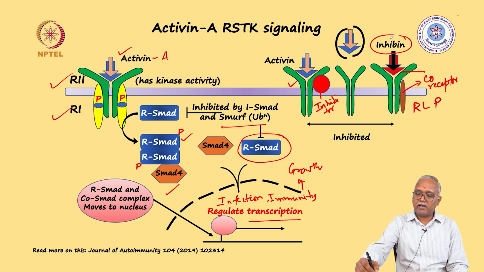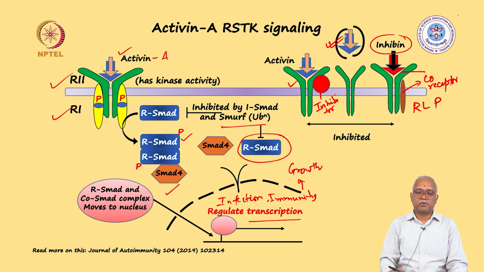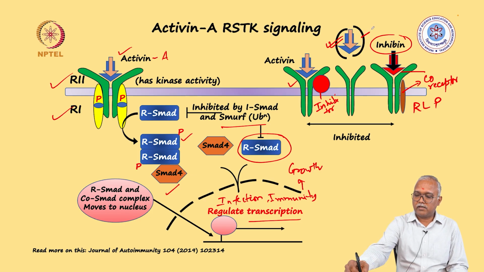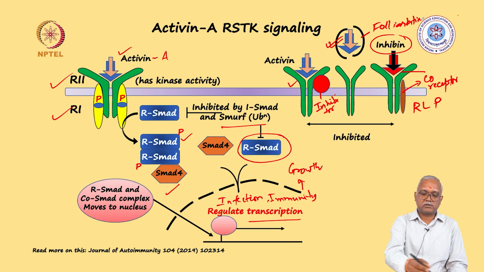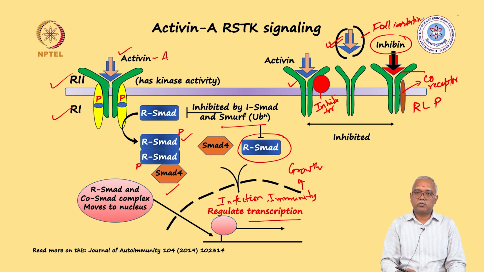Another way is where this molecule is produced but it is isolated, it is sequestered by this inhibitory molecule follistatin. So as long as this follistatin is in complex with the activin, it is not available and thus it cannot serve on the receptor to mediate definite processes.